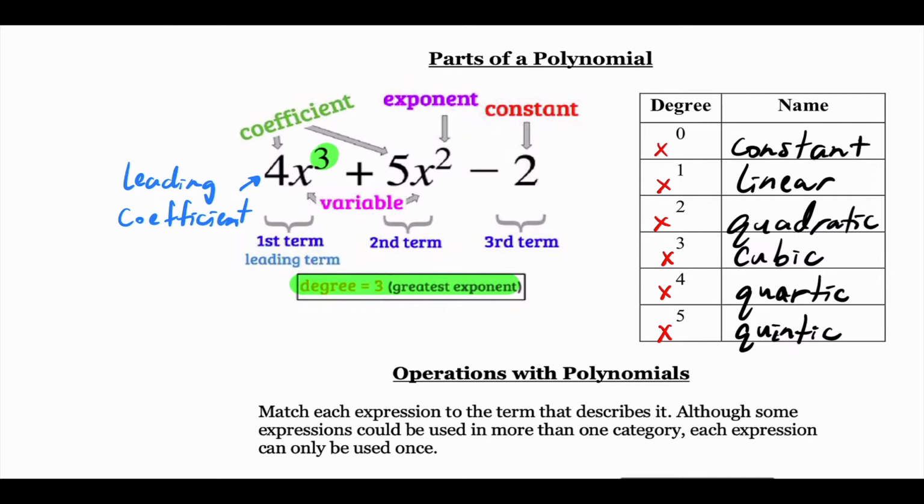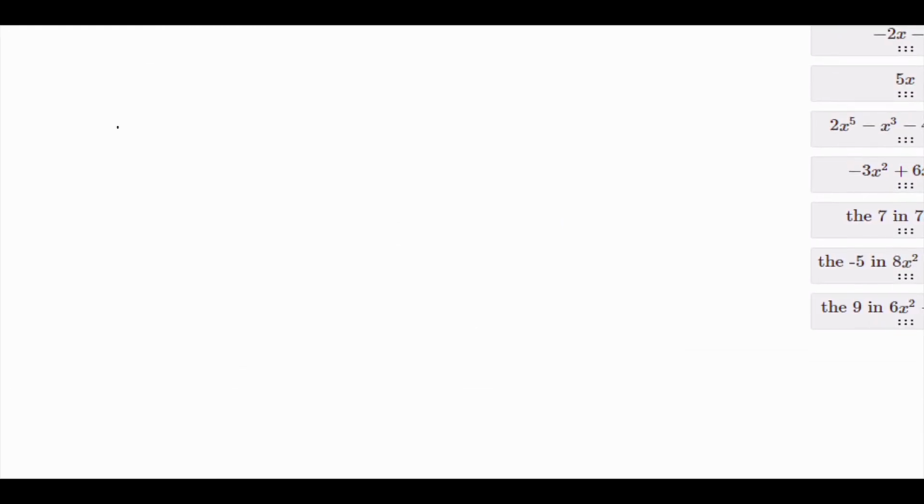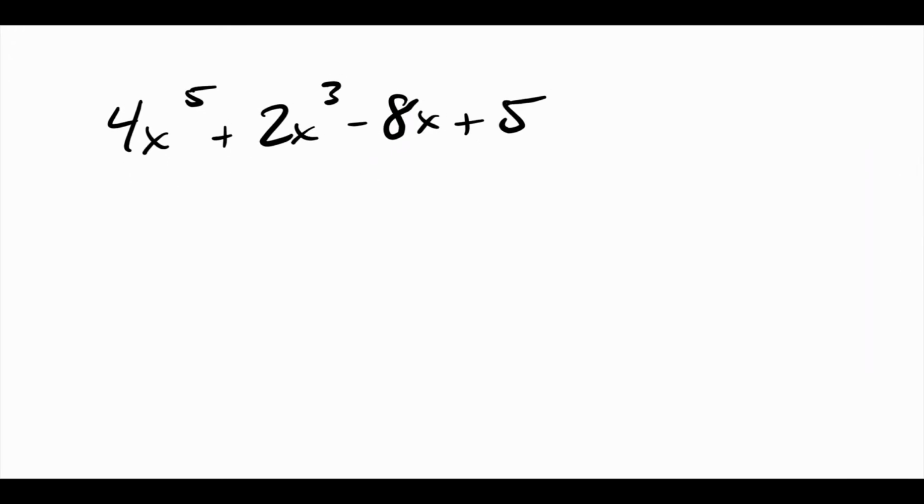Okay. So on Monday, they're going to give you something like this. They're going to say, this guy right here, 4x to the fifth plus 2x to the third minus 8x plus 5. And they're going to say, which one is that? Is that quintic? Is it quartic? Is it cubic? Is it quadratic? Is it linear?